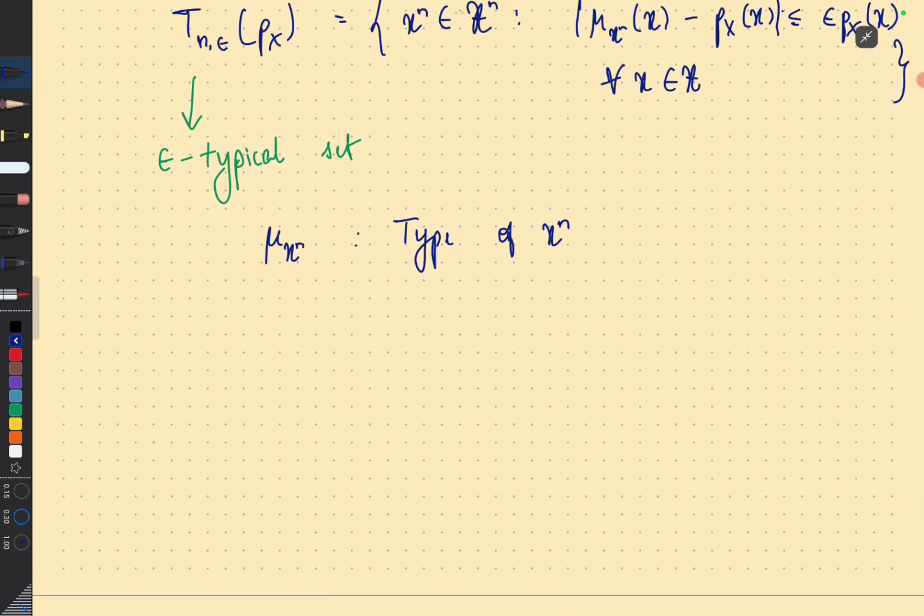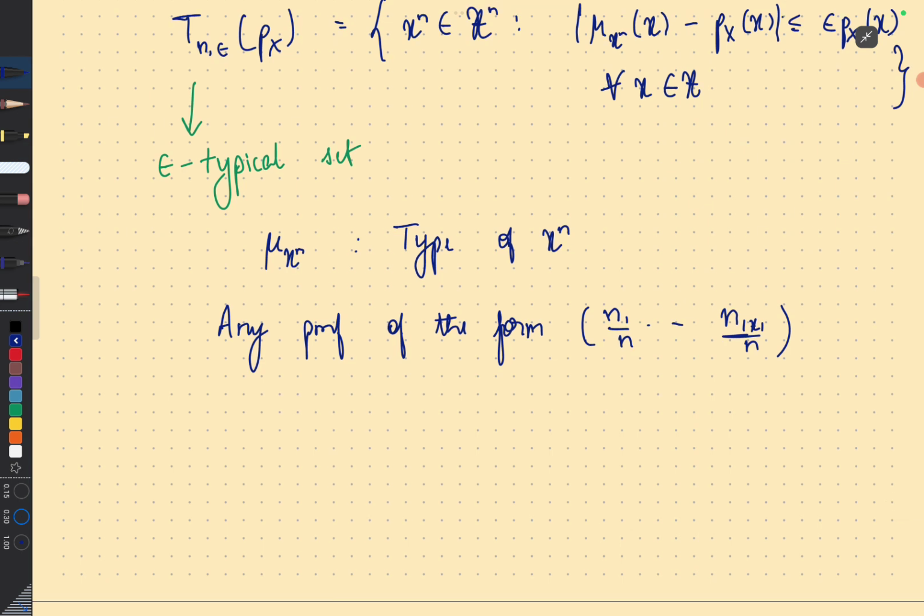In fact, any PMF of the form n1 by n up to n size of x by n, so any PMF where the probabilities are ratios of two natural numbers, where the denominator is always n, will be called a type.